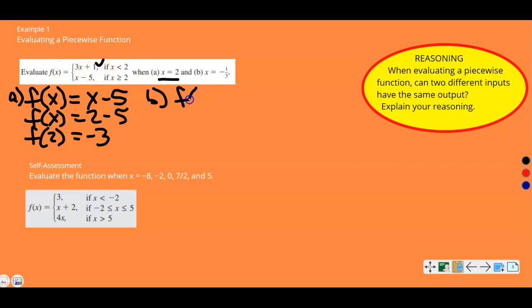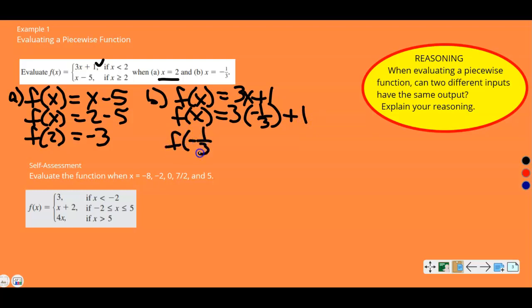In place of x, we're going to substitute negative 1/3, and then plus 1. So this is evaluating f of negative 1/3. When I plug in negative 1/3 as my x, what do I get for my y? 3 times negative 1/3 would be negative 1. Negative 1 plus 1 is 0.